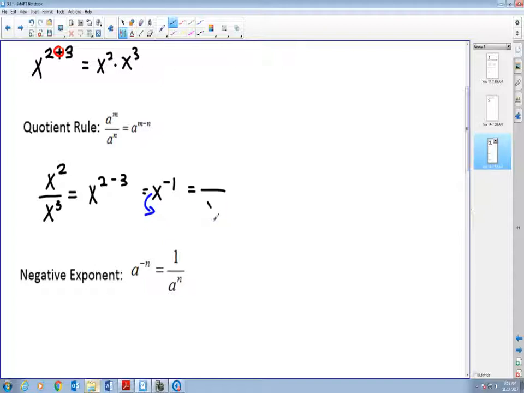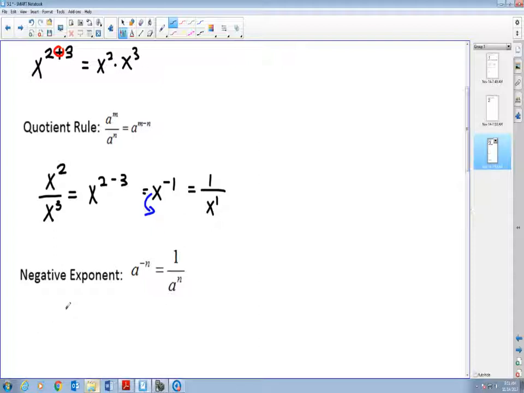So my base will come to the bottom, in this particular example, and the exponent becomes positive. Since I don't have anything left on top, my numerator will just be 1. Okay, that's using the negative exponent rule.